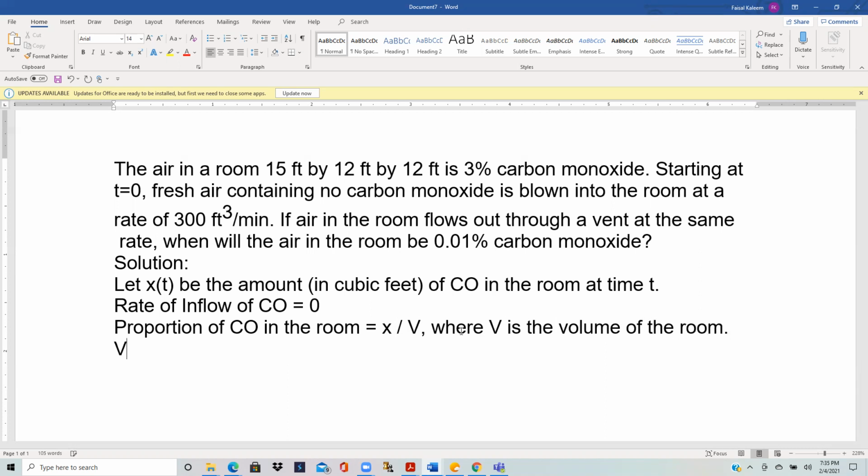So v is equal to 15 times 12 times 12. 15 times 12 is 180, and 180 times 12 is 2160 cubic feet.